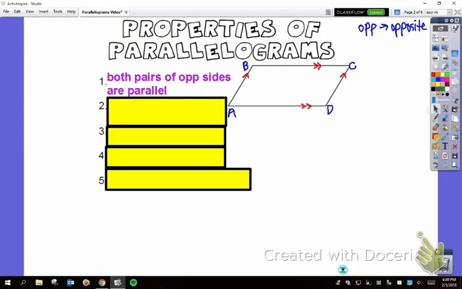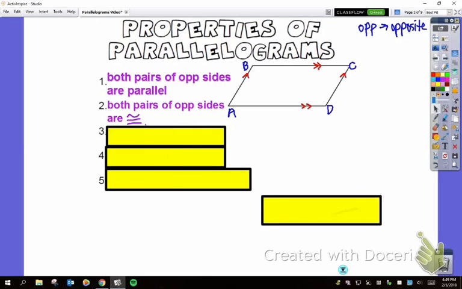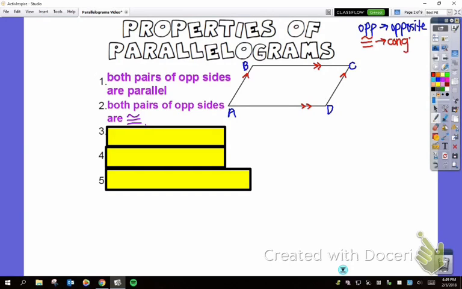Now our second property of parallelograms is that both pairs of opposite sides are congruent. Also remember that this sign means congruent, which also means equal to us. And to mark equal sides, remember we use those dash marks.